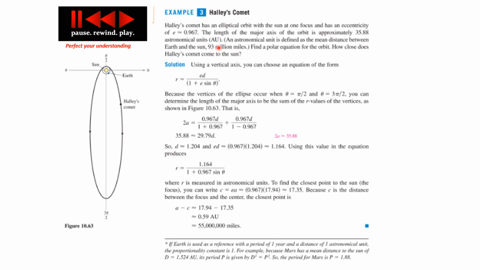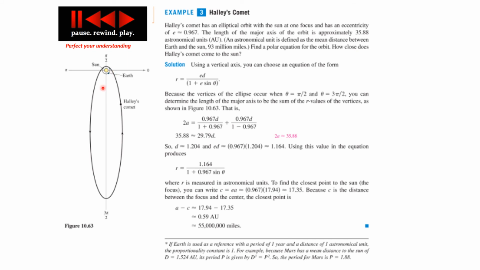An astronomical unit is the distance from the Earth to the Sun, which is about 93 million miles. And that's what it's saying here. That's the mean distance, because it is an ellipse, so it's not the same all the time. Find a polar equation for this orbit. And how close does Halley's Comet come to the Sun?